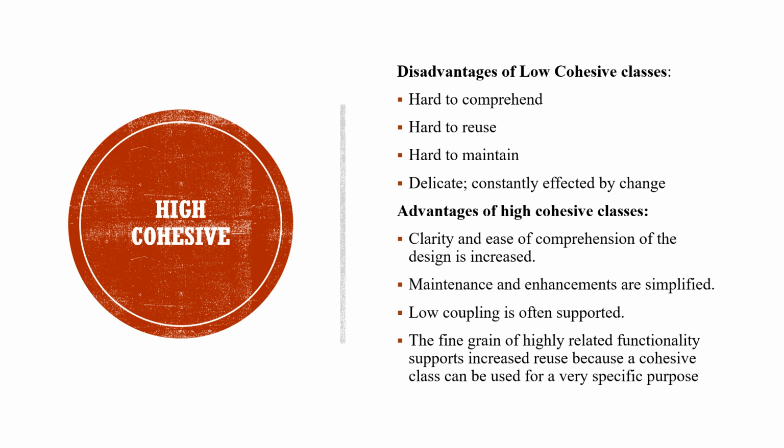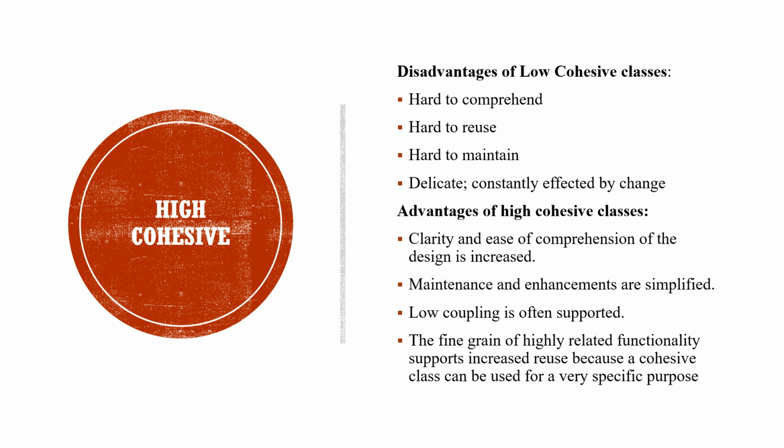in a low cohesive system. Our classes do everything without delegating, so there is a lot of duplication, and one change can affect everything, can have a lot of impact. And the advantages are clarity, simplified maintenance, and low coupling is supported.